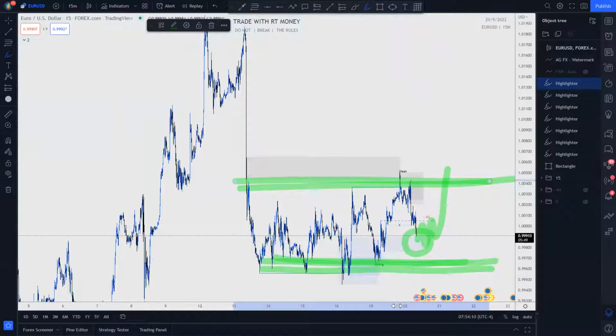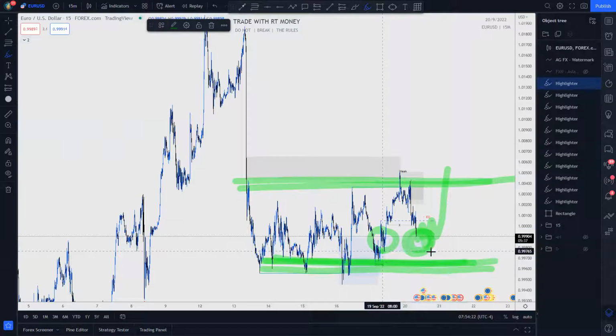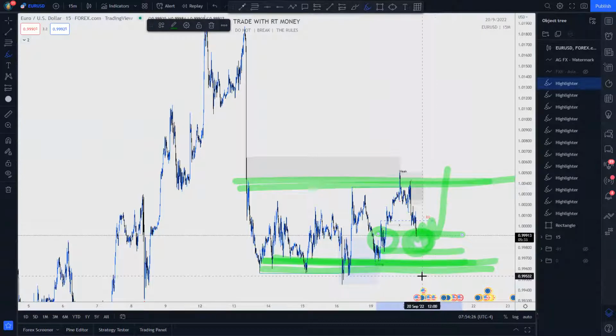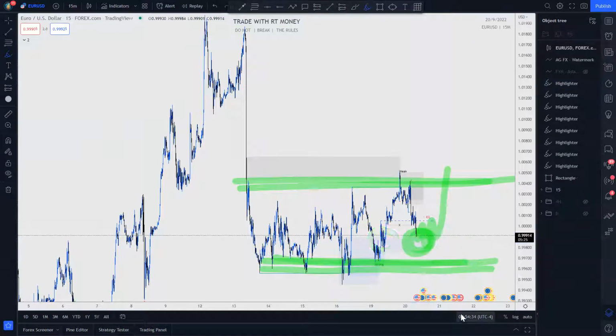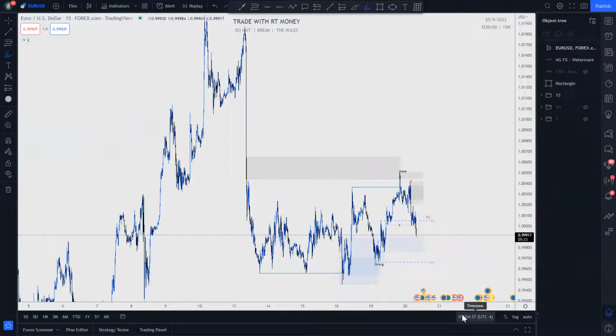Taking it from the middle is not recommended at all, but I'm going to be looking forward here because we're close to the end and I'm expecting this zone to hold. If we start breaking 4-hour demand zones to the downside, then I'll be looking for shorts for sure. So this is a pivotal area in my view. Let's see what we can get.